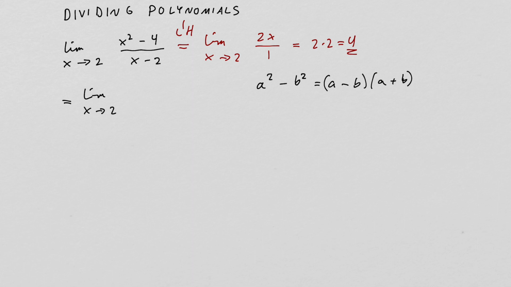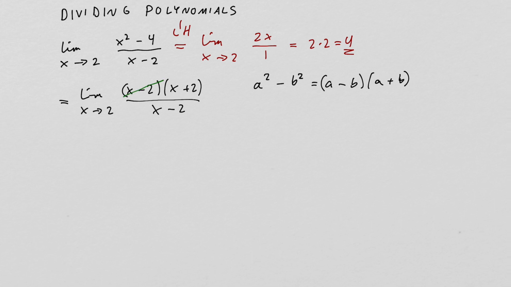So we would get something like this, and we can cancel out these terms, and we will just get 2 plus 2. That is 4. The same answer. And the thing of course worked because 4 is equal to 2 to the power squared.